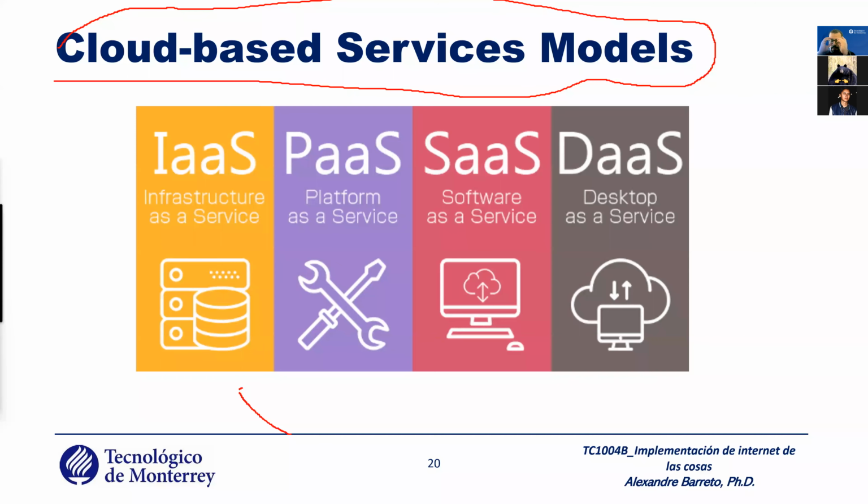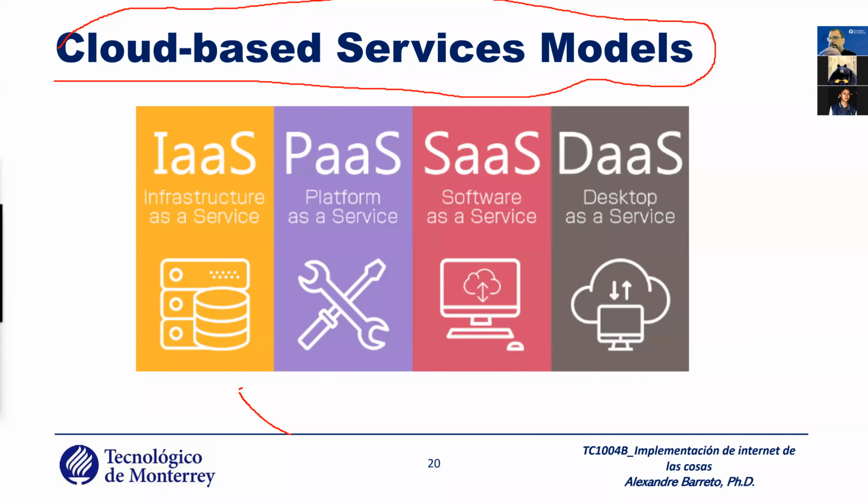When you go to Google or Microsoft and others, the first thing you need to understand is what IaaS, PaaS, SaaS, and in some cases DaaS are. Okay, IaaS is infrastructure as a service. In this model, you rent computers completely.